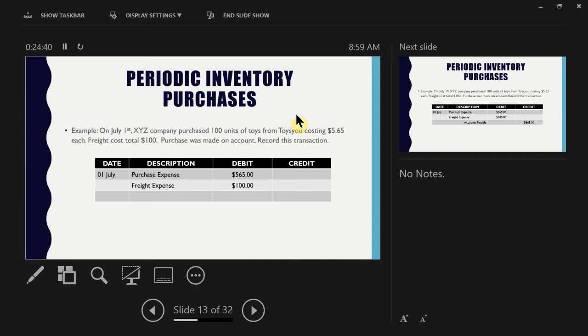But in the overall purchase itself, it's all tied into shipping the toys that we bought. So all of this is considered one, but we need to separate the cost because it's a separate expense to the company. So we need to recognize the freight expense for $100. Now, how much in grand total do we actually owe?